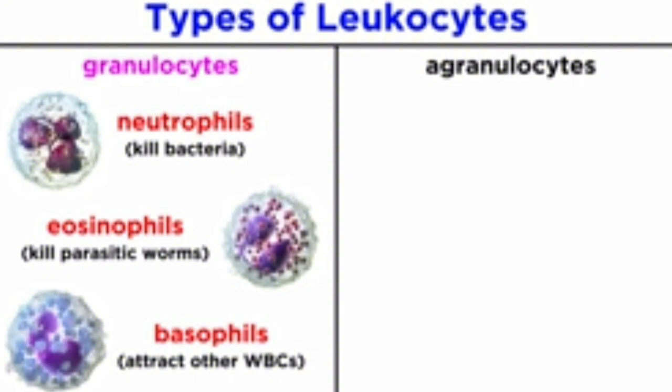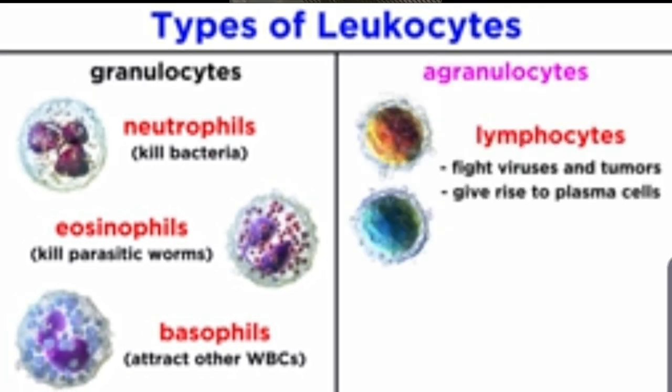Agranulocytes, on the other hand, can be lymphocytes, which fight viruses and tumors, and also give rise to plasma cells, which produce antibodies, which we will discuss later.